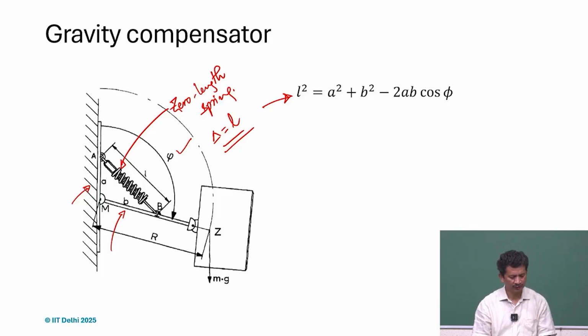The length of the spring at that position is L, and it can be written with respect to phi, A and B. So L square is equal to A square plus B square minus 2AB cos phi.